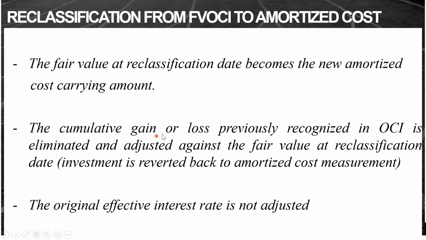The cumulative gain or loss previously recognized in OCI is eliminated and adjusted against the fair value at the reclassification date. So in effect, you are reverting the investment back to the amortized cost measurement, because you are going to eliminate your cumulative gain or loss OCI.